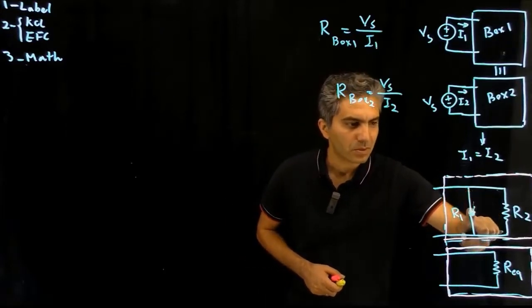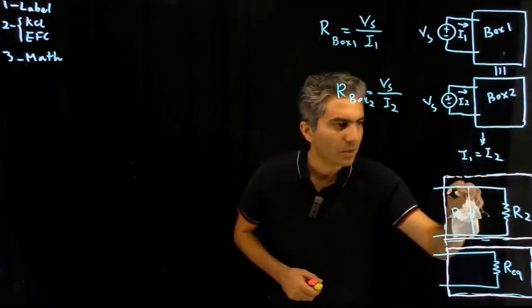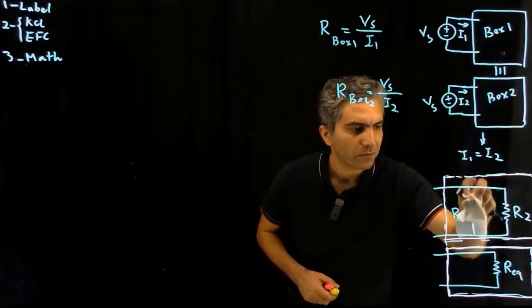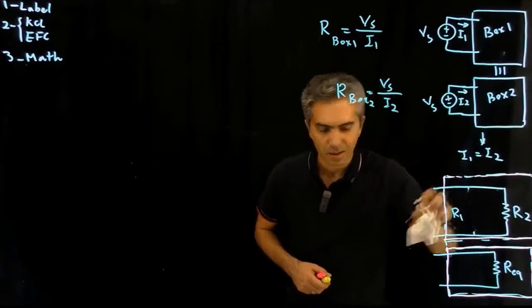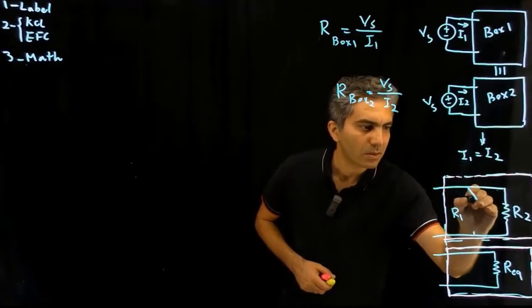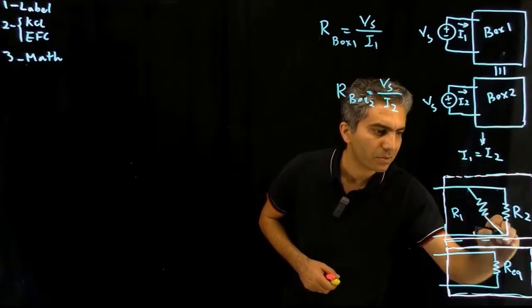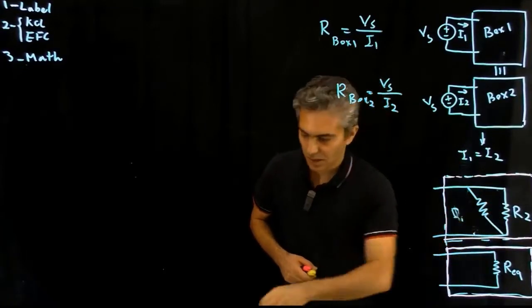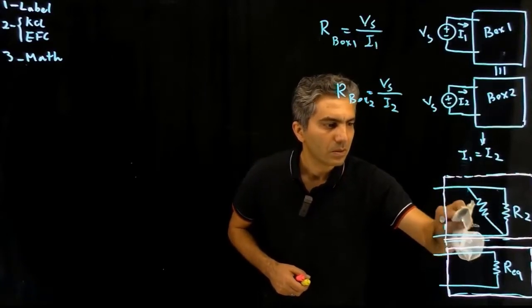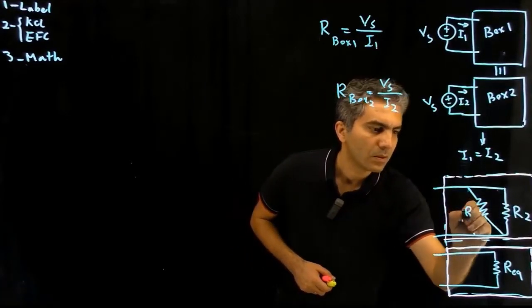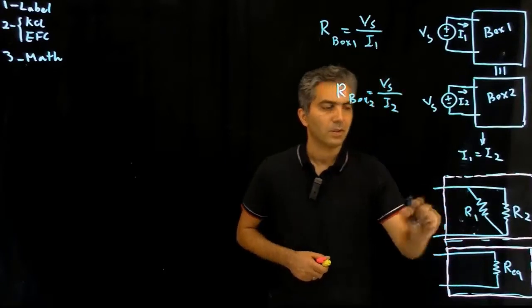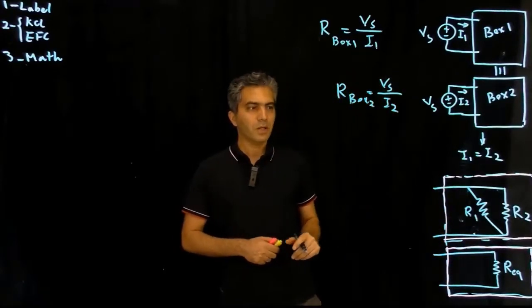To tell you the truth, I'm going to actually avoid that and make them not parallel geometrically to each other, so that you get used to this and it wouldn't confuse you later on.